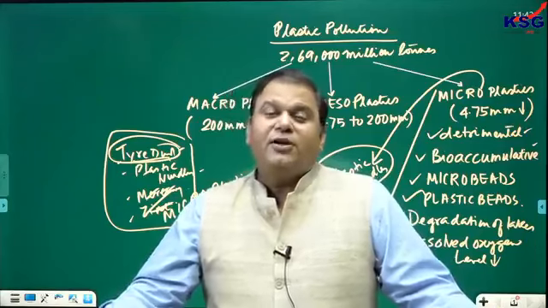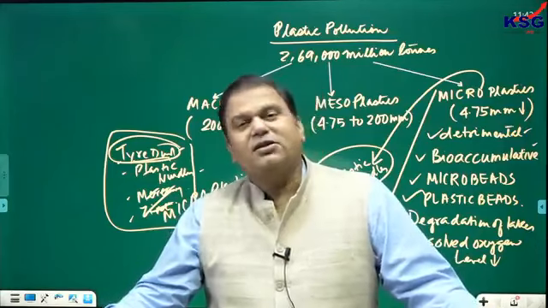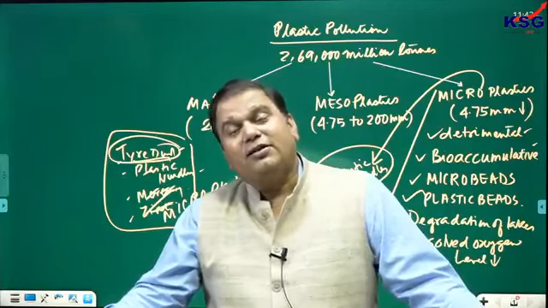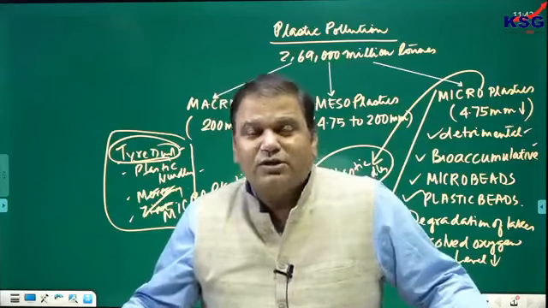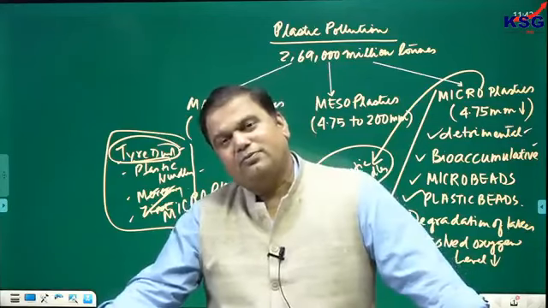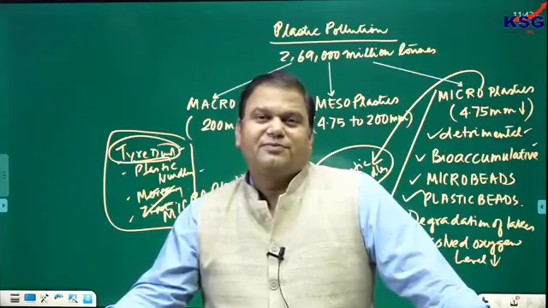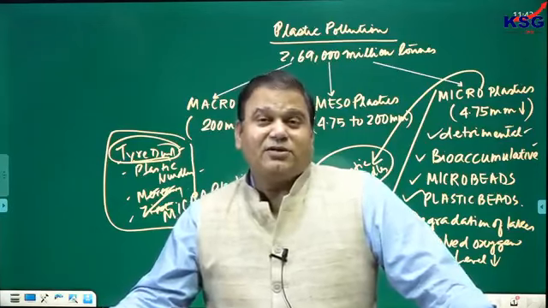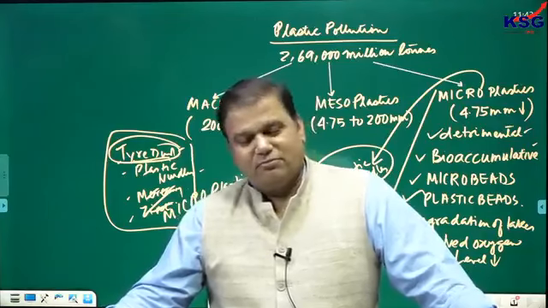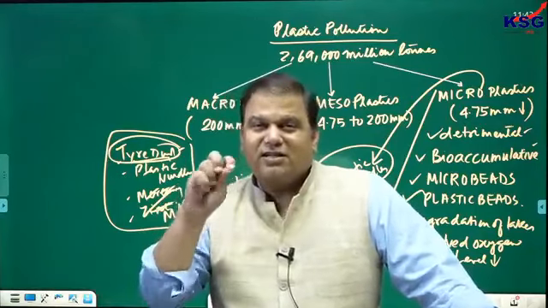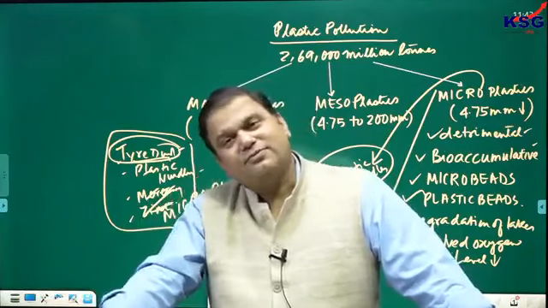The concern of noodle is what? The first concern related to noodle is their size. They are often mistaken as foodstuff by marine organisms because of their size. Second concern is what? They are spongy. So if they are spongy, they would be attracting toxic substances.